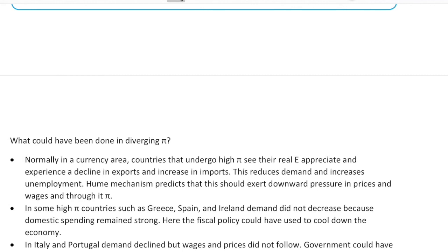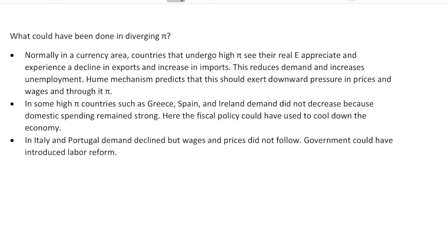So once again, government in these countries could have directly impacted labor prices by enforcing labor reform, but they didn't do that. So those are the three reasons why in these five countries, Greece, Spain, Ireland, Italy, and Portugal, there were increased balance of payments deficits.